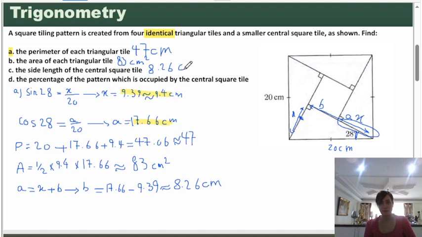For part D, it asks the percentage of the pattern which is occupied by the central square tile. That means I have to find the area of the central square tile over the whole area.